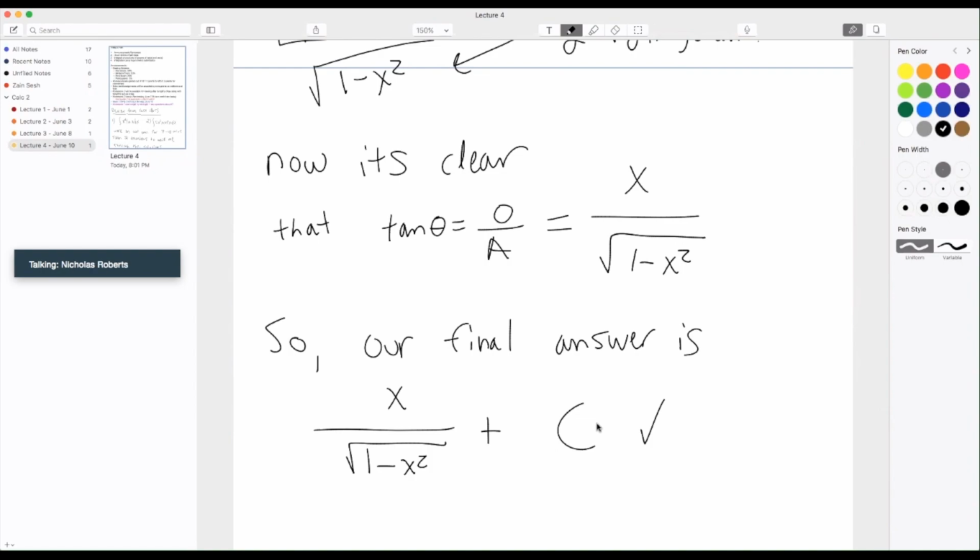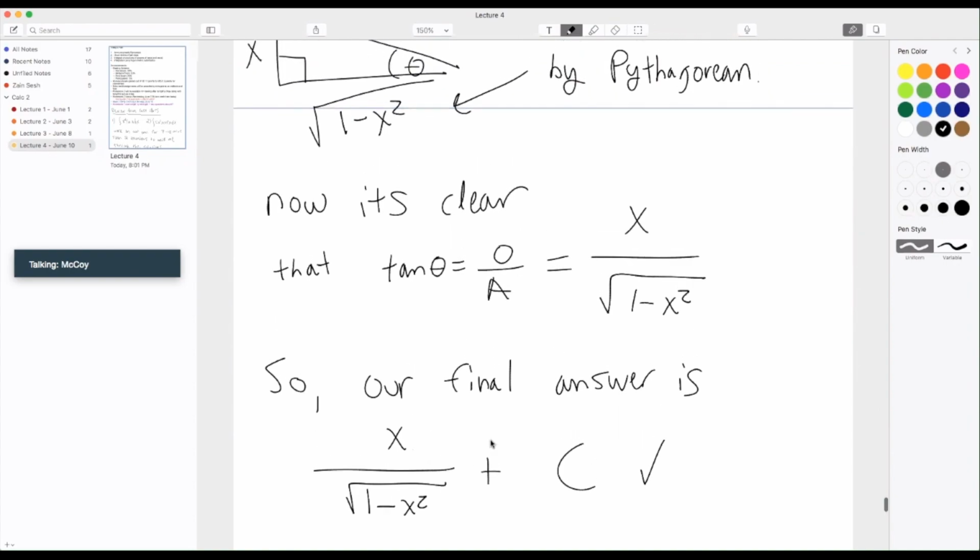Right. The point is that our integral was given to us in terms of x. Thus, our answer needs to be in terms of x too. We're not done if our answer is in terms of theta. So once you finish taking the integral in theta, that's when you draw the right triangle.